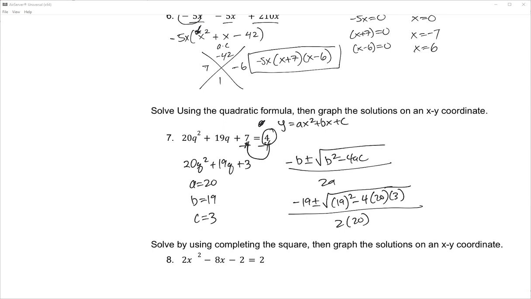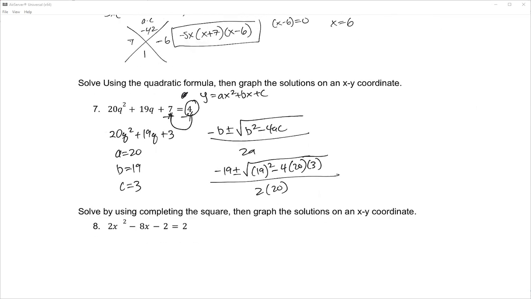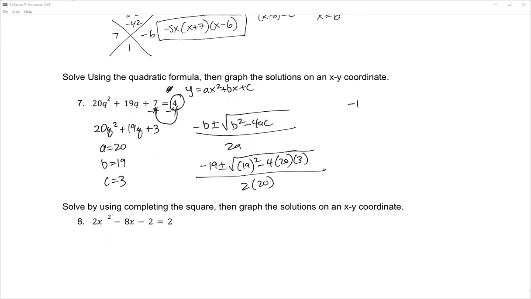If I compute this out, what's 19 squared? So you have -19 plus or minus 19 squared is 361 minus 4 times 20 is 80, 80 times 3 will be 240, all over 40.